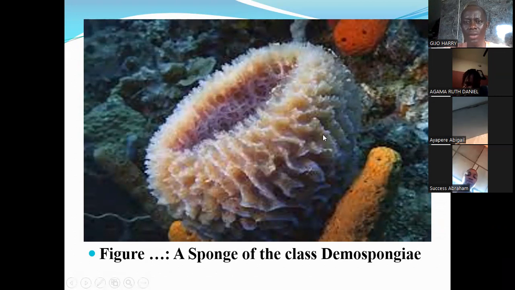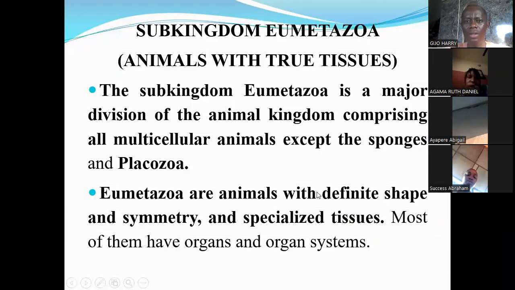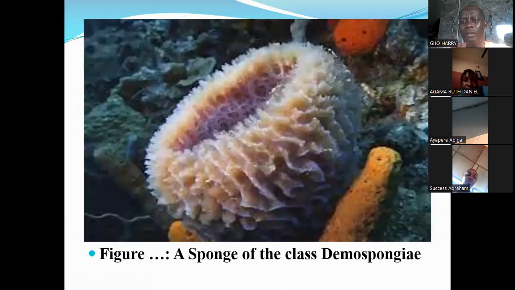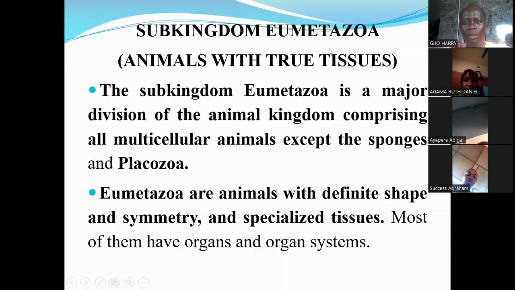In our next lecture, we will discuss the subkingdom Eumetazoa, and we'll also look at some phyla in the subkingdom Eumetazoa. All right. So that's basically how far we'll go in today's lecture.